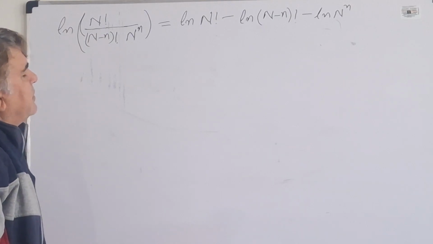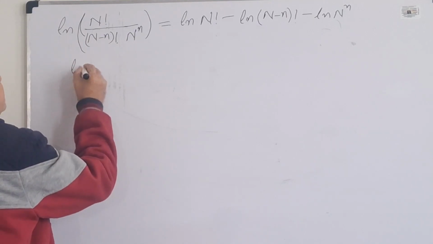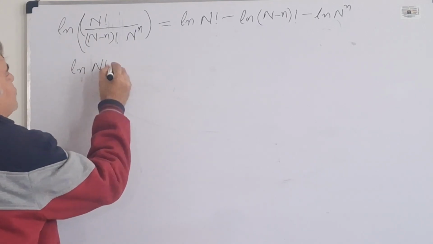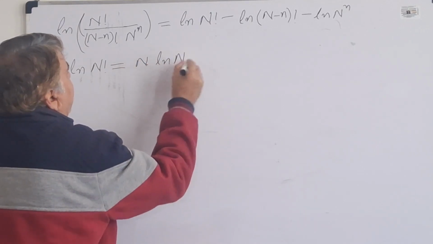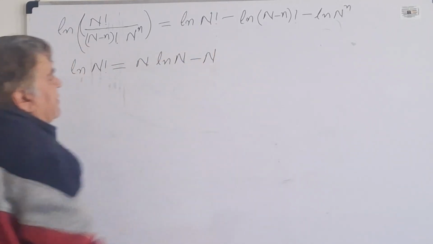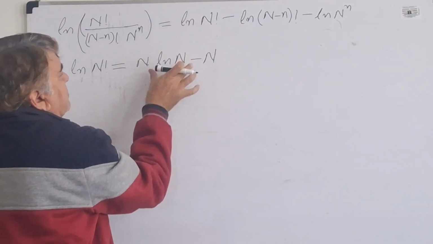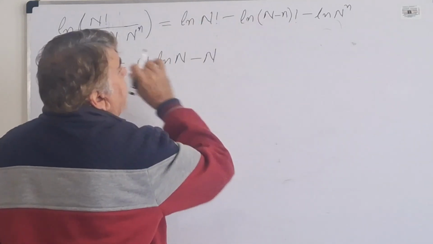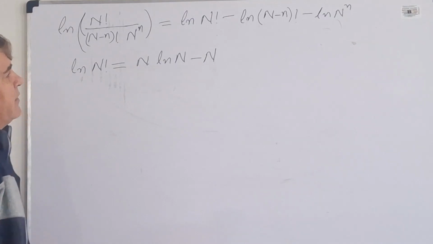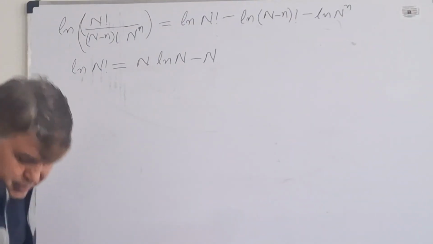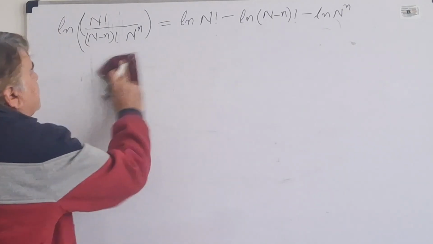And using the Stirling approximation, we know that log of capital N factorial equals capital N log of capital N minus capital N. So I can use this relation for this term, this relation for this term, and similarly I would just use the power law of log on the last term.